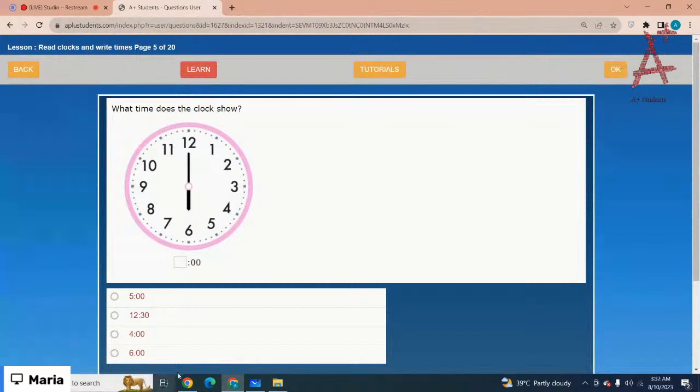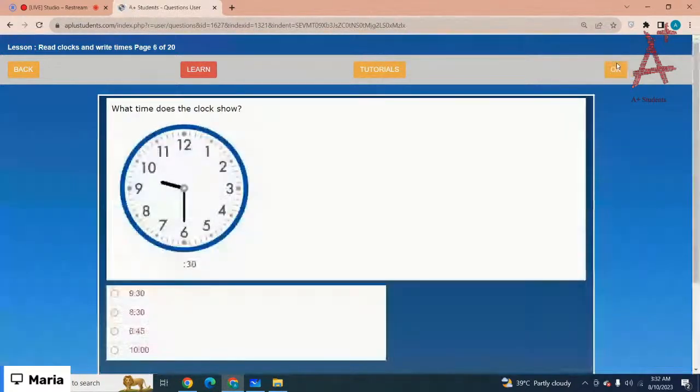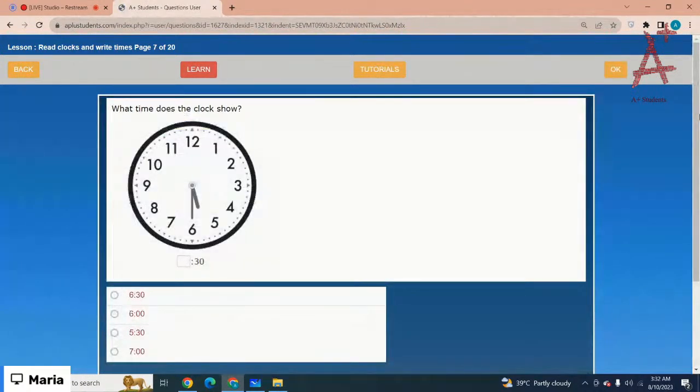So the correct option is 6. Okay, what time does the clock show? So, which is the correct option? Okay, you can see the hour hand is exactly midway between 9 and 10, right? And here it is 30. That means it is 9:30. So it would be 9:30. The correct option is 9:30. Okay, what time does the clock show? So which is the correct option?